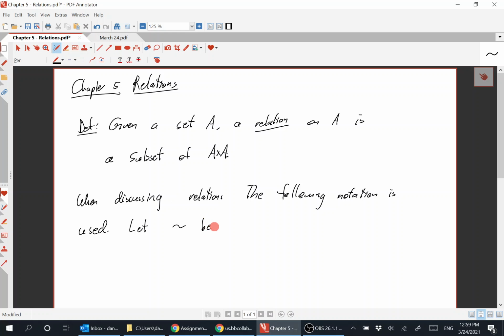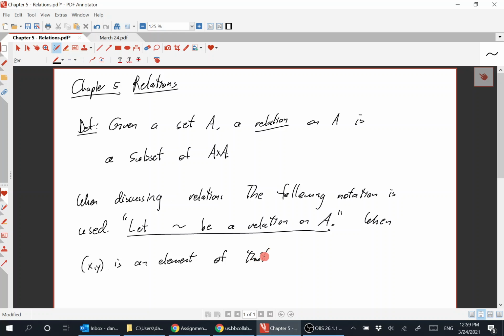Let tilde be a relation on A. When x, y is an element of that relation, we write x tilde y instead.